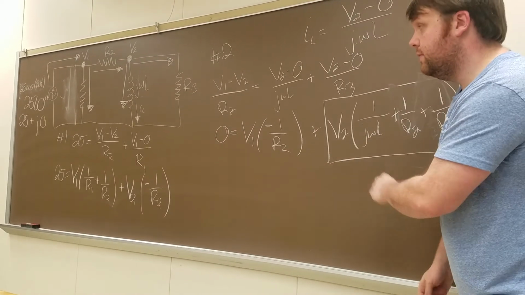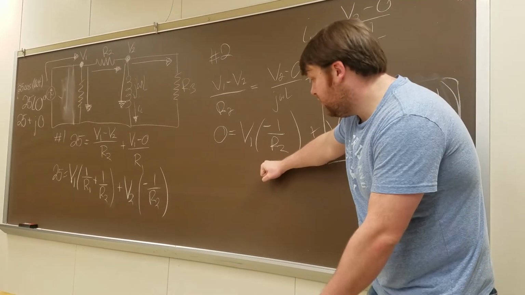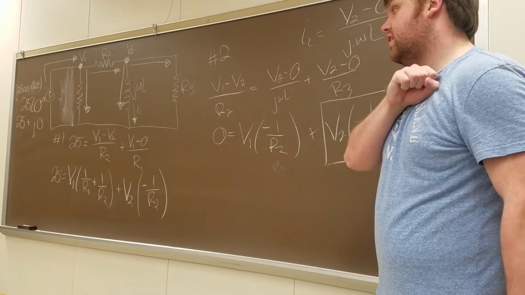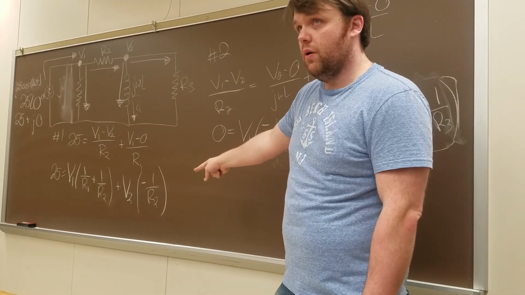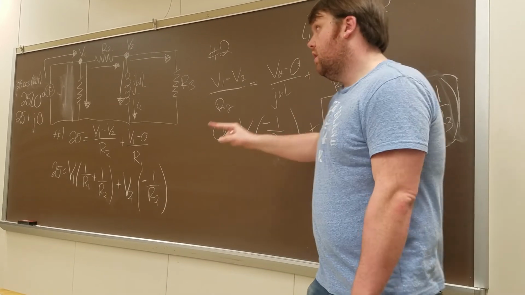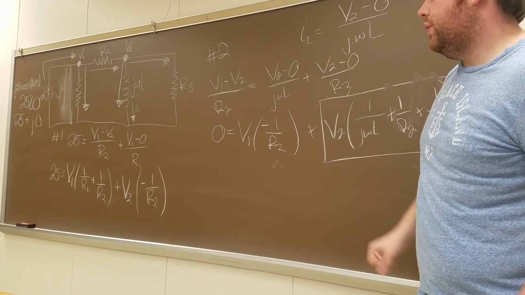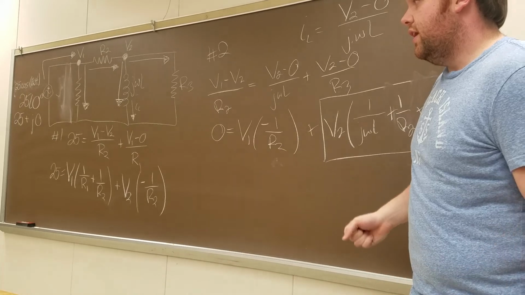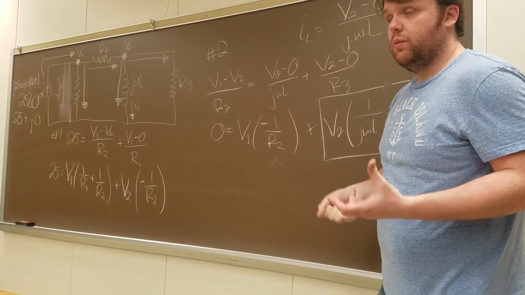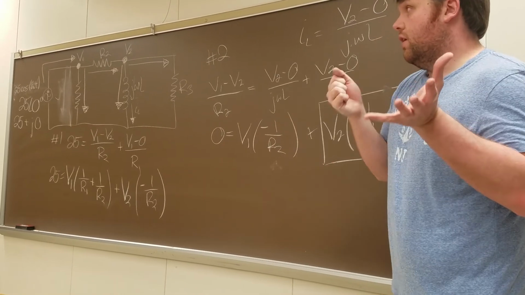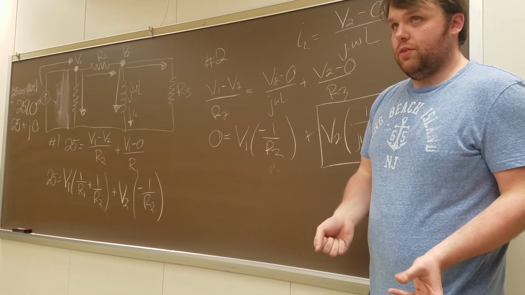Now if you look, the number associated with V1 here is completely the same as the number associated with V2 on the first node. Okay? What we do when we are constructing the matrix is, the other terms, the things that are shared, are the negative admittance pathways.